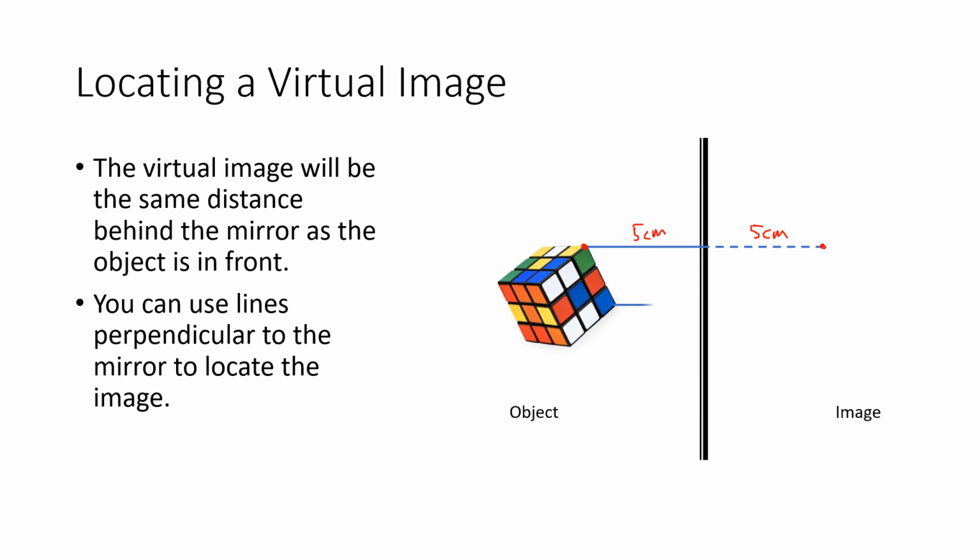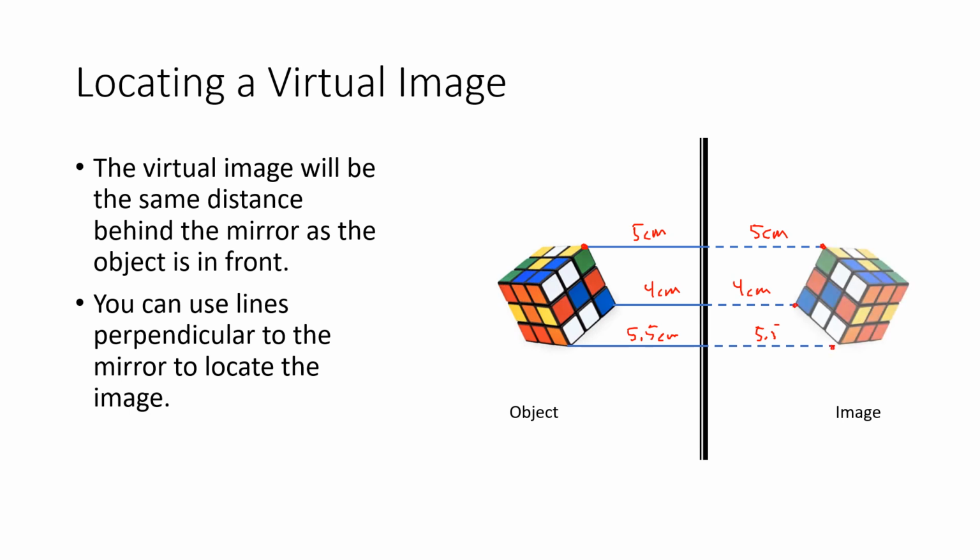And if we do the next one, say this might be 4 centimeters, and then we put a virtual light ray there for 4 centimeters, and then we do the last one, and maybe that's a little bit more, maybe 5.5 centimeters, and we do the same thing over 5.5. Once you have enough points on your image, then you can just assume where it's going to be from there.